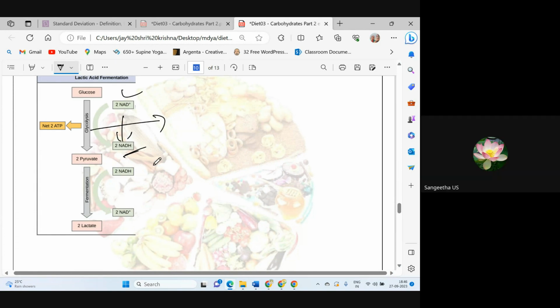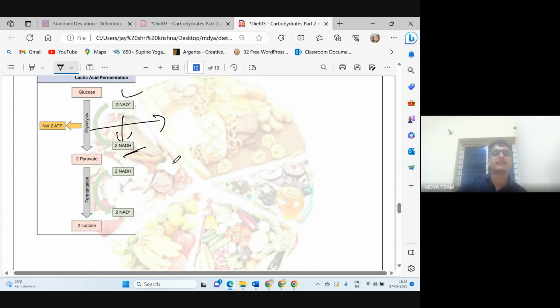Because if our body will not use this NADH, it will be accumulated, because we don't have access to oxygen. Our body can't undergo the fourth step, that is oxidative phosphorylation. So anyhow, our body has to use these 2 NADH, and for this, our body converts these 2 pyruvate into lactic acid.